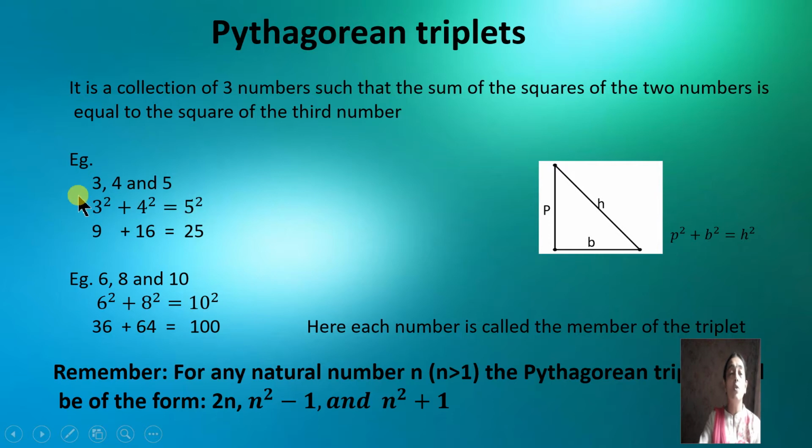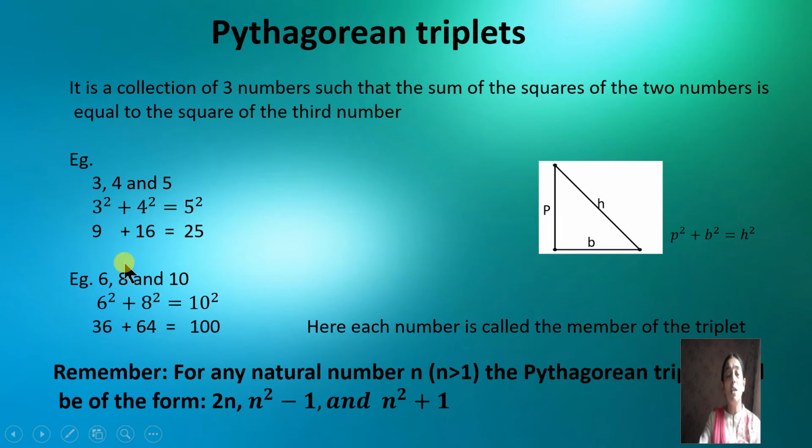So 3, 4 and 5 are called Pythagorean triplets. And here each number is called a member of the Pythagorean triplets: 3, 4 and 5.